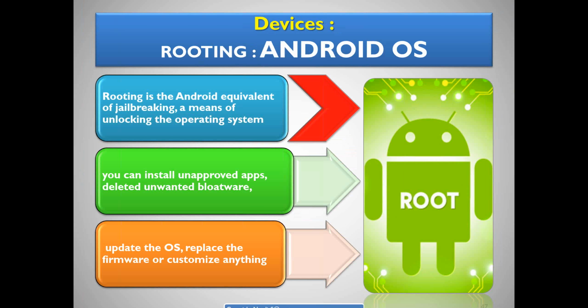So rooting is an equivalent, okay, to jailbreaking. It is the process of modifying Linux kernels in order to get access and to manipulate your device, to update the OS or replace it with a different OS, and we're going to be talking about that within the next few slides.